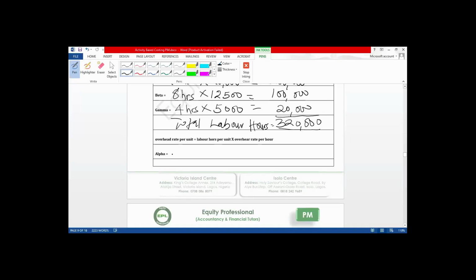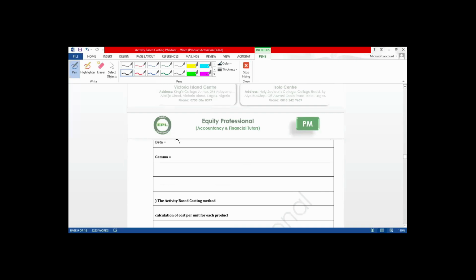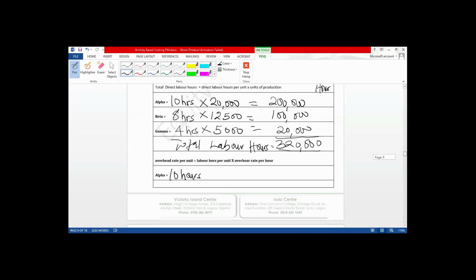To produce 1 unit of alpha, you require 10 hours of labor. To produce 1 unit of beta, you require 8 hours of labor. To produce a unit of gamma, you require 4 hours of labor. Then you have calculated the rate.